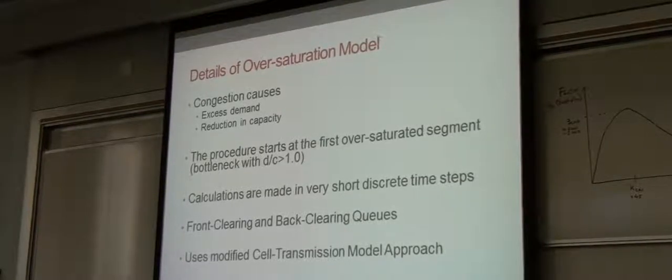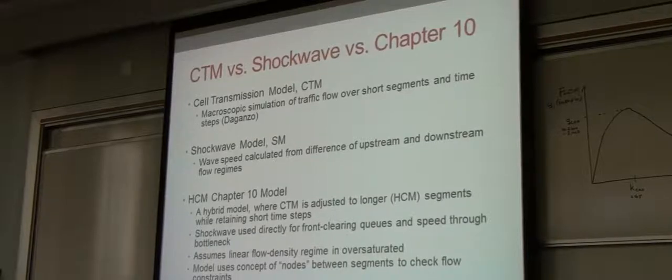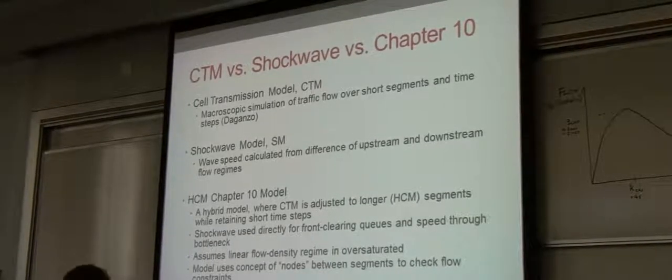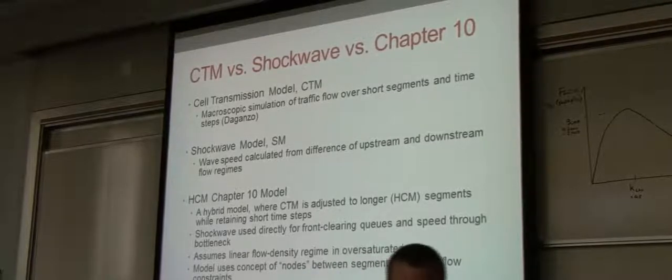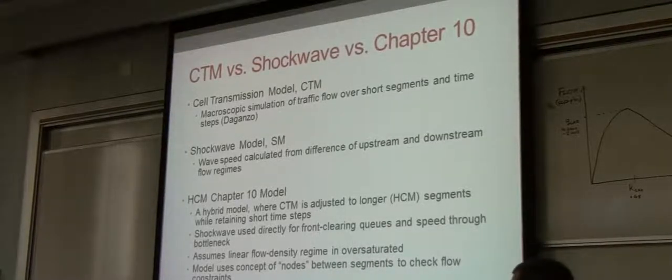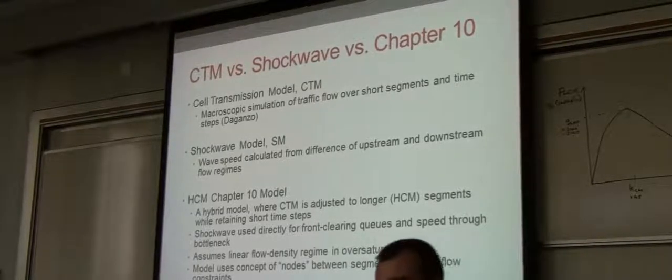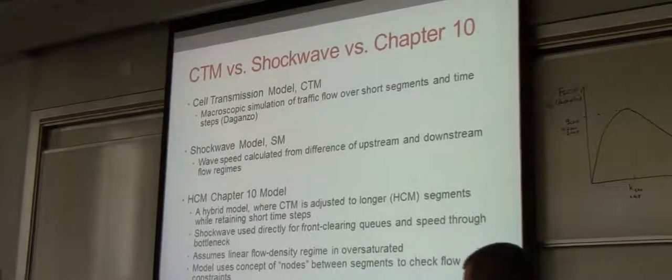So what I mean by this modified cell transmission approach, and I think this is one of the biggest areas of confusion in this chapter, is that there's a diagram that talks about shock waves, and it talks about the Daganzo cell transmission model, but what are we actually doing here?